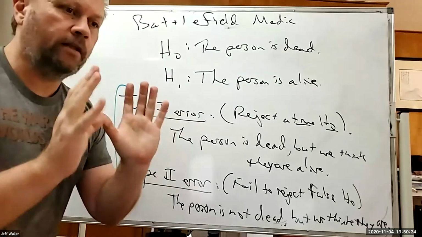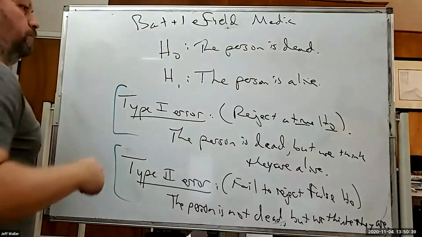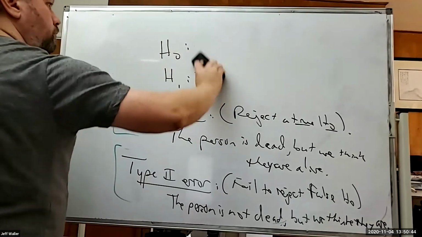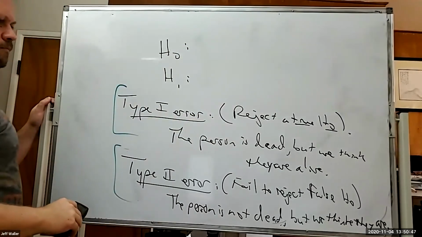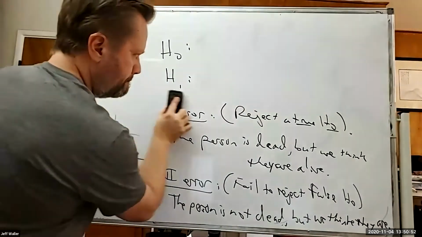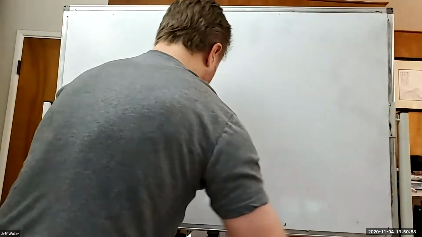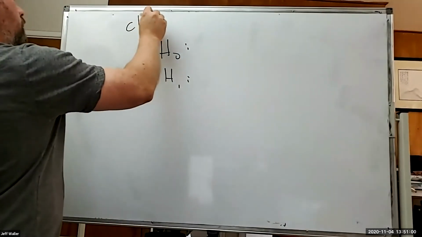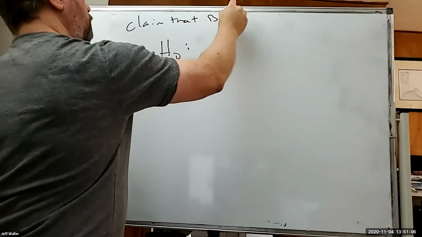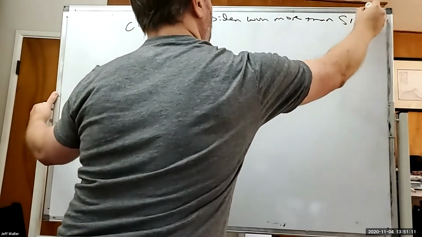Maybe. All right, now let me do a mathematical example. All right, there's some math stuff in here. All right, I'm going to erase this all. So what if there's a claim that Biden won more than 51% of the popular vote?